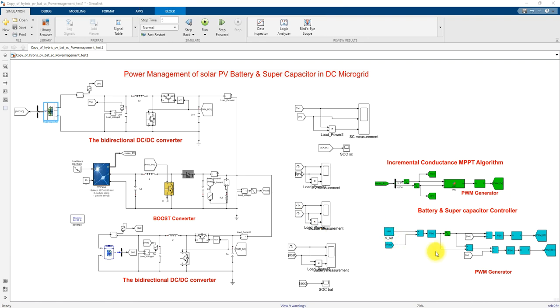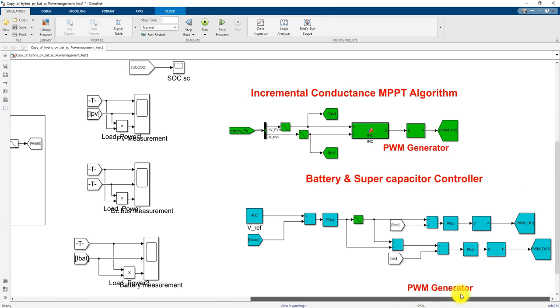The reference voltage here is 400 volt. You compare the reference voltage with the actual DC bus voltage, and the error is processed by a PI controller. This PI controller is considered as the voltage controller, and it will generate the reference current.